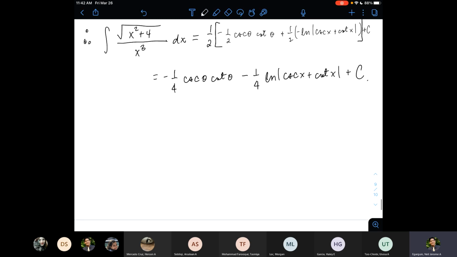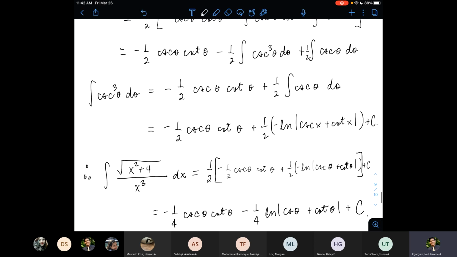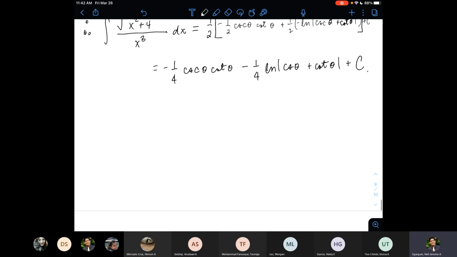And then it won't stop here because, sorry, not x, but thetas. Okay, the variables are thetas. We need to go back to x, but to get back to x, remember our substitution was x equals 2 tangent theta.